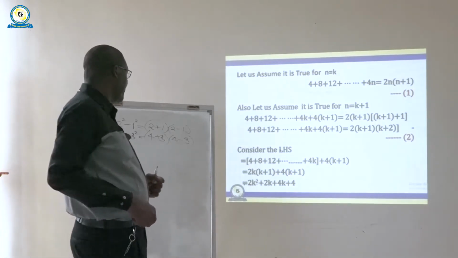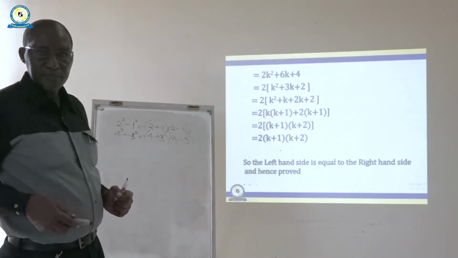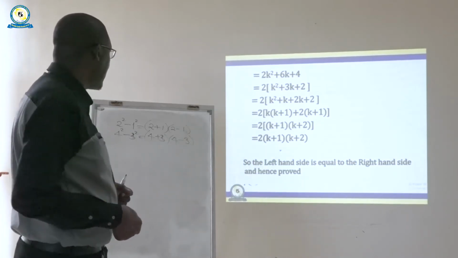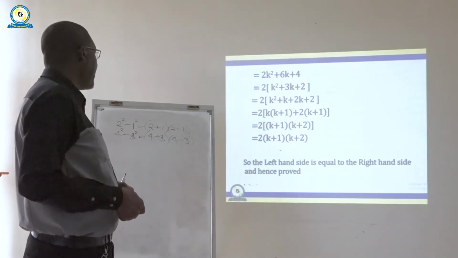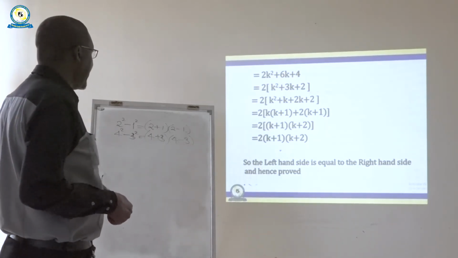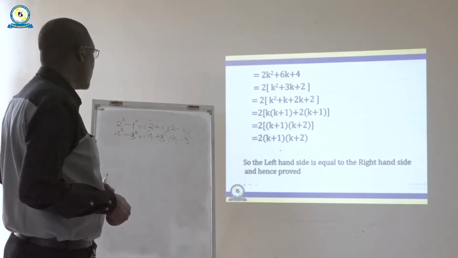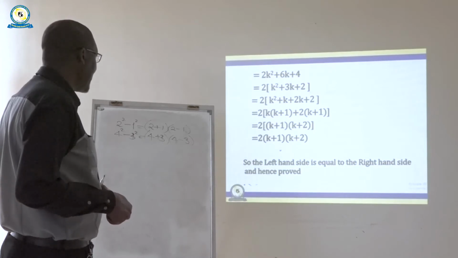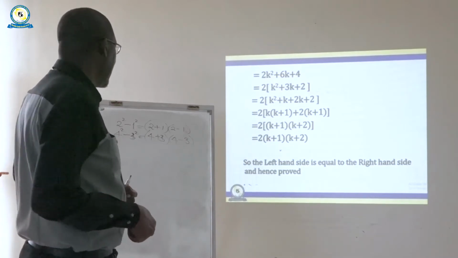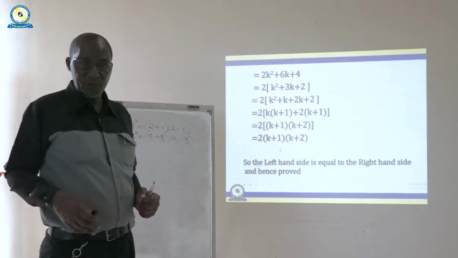Then you open the brackets and find a quadratic expression, then simplify and factorize. In the end, you find that it is 2(k + 1)(k + 2), similar to the previous one where we started. So the left-hand side is equal to the right-hand side, and hence it is proved.